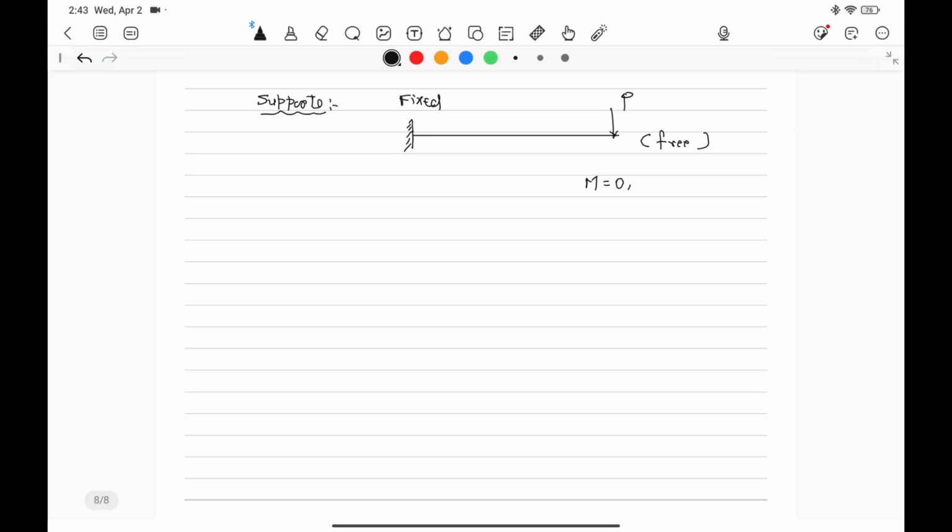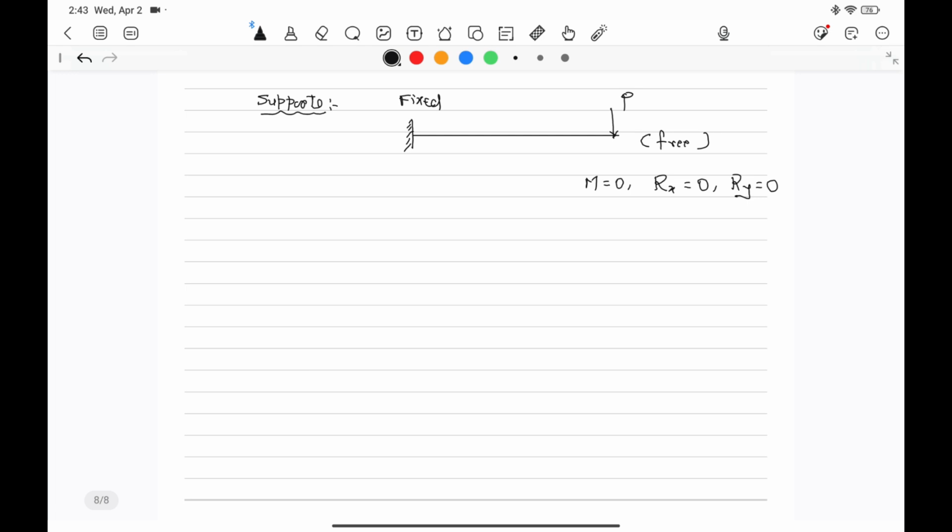Like that, at a free end moment is 0, and Rx is equal to 0, Ry is equal to 0. At the free end, all the values are 0.